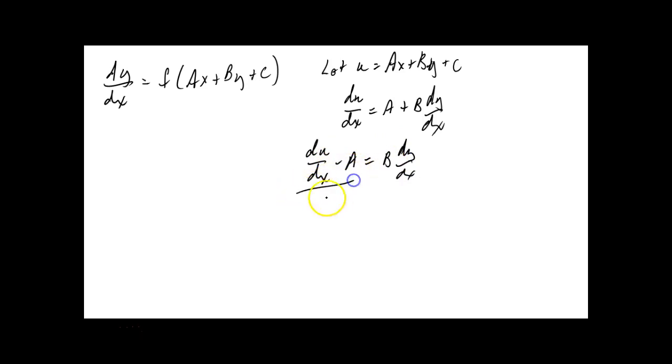And then divide everything by b, and that's what you have here. dy/dx is equal to that thing. Not that we need it, but that's what it turns out being. We're going to deal with this side and play with that.